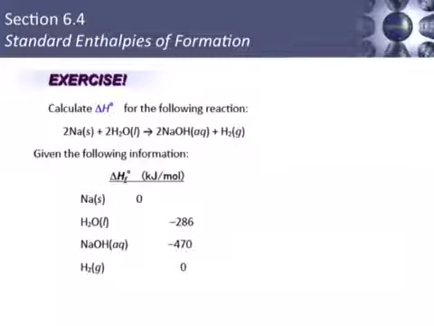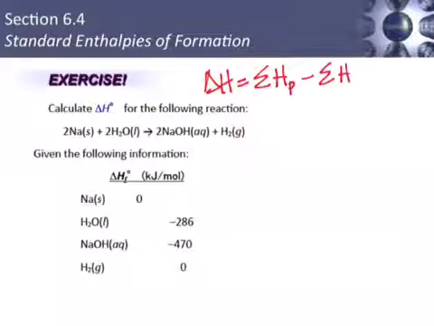So Big Mama is going to be delta H is equal to the sum of the H of my products minus the sum of the H of my reactants. I start getting lazy and the sigma goes away. So now the thing is start doing your numbers.